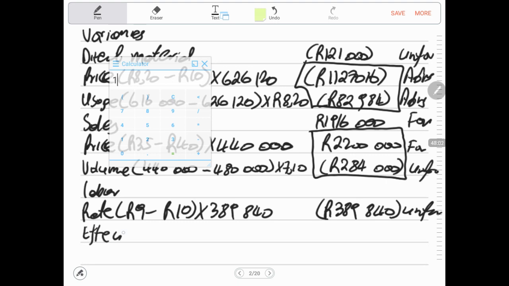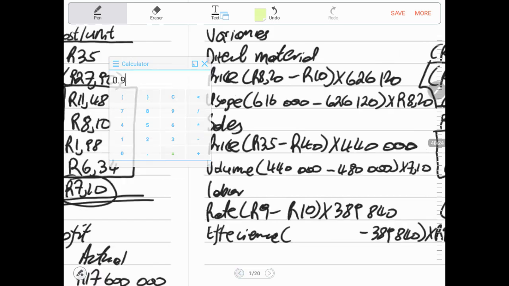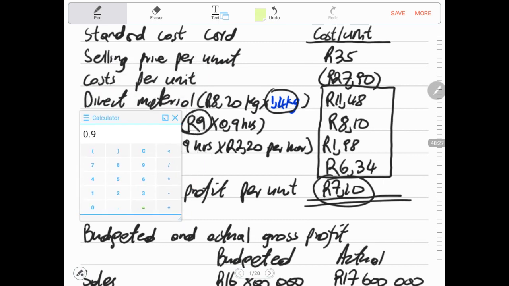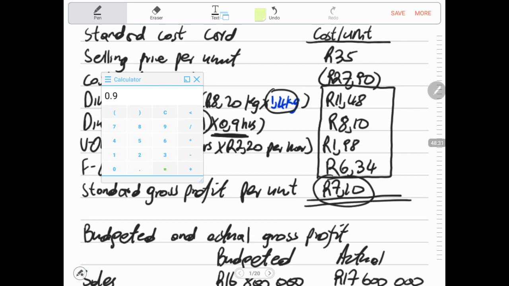Then we go to labor efficiency, and our labor efficiency is the standard hours minus the actual hours. Remember, actual hours have not changed. 389,840 is our actual hours. Times the standard rate being 9 rand. Now we need to know that it takes 0.9 hours to complete 1 unit. That is our standard hours per unit. We expect that employees will take 0.9 hours, meaning 90% of an hour, to complete 1 unit.